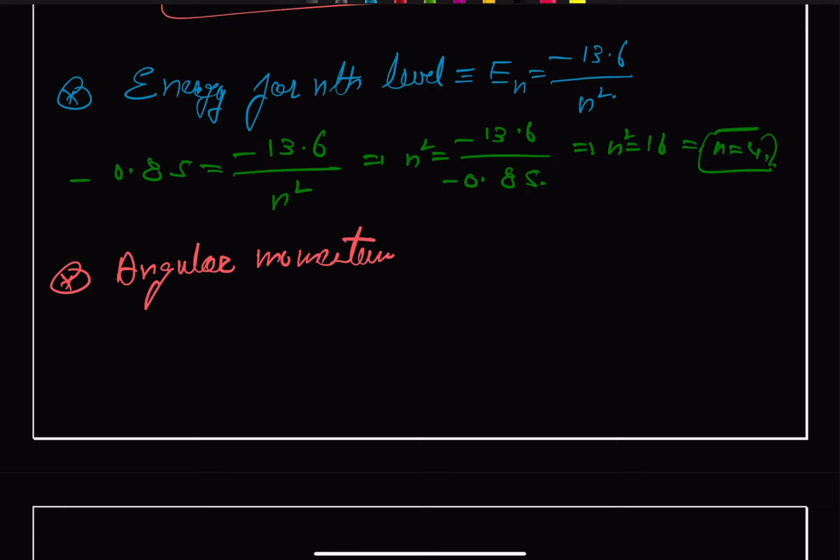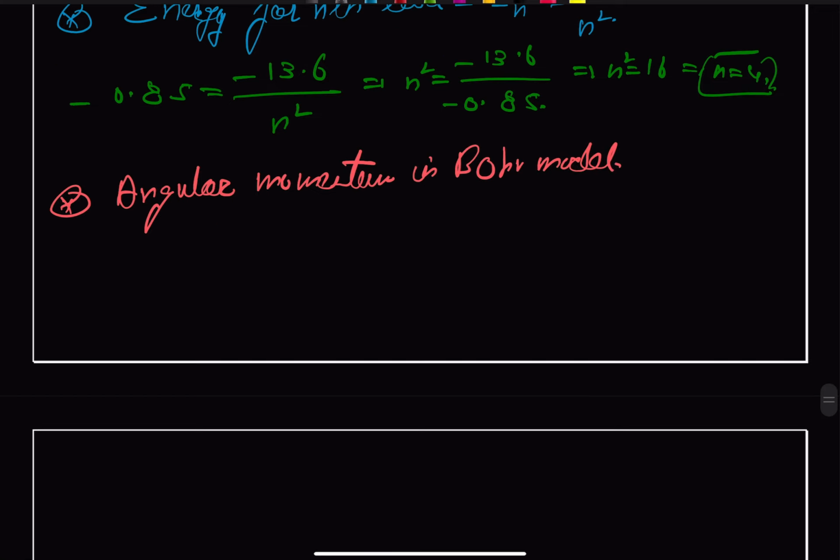Angular momentum in the Bohr model, let us suppose that L is equal to nh upon 2π.